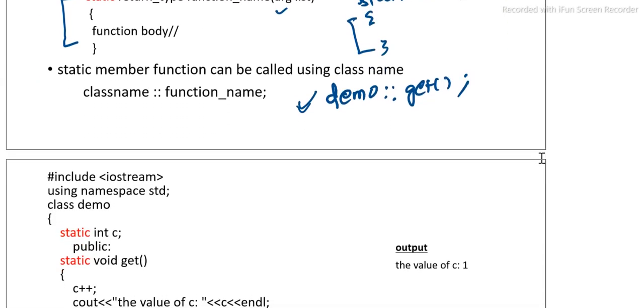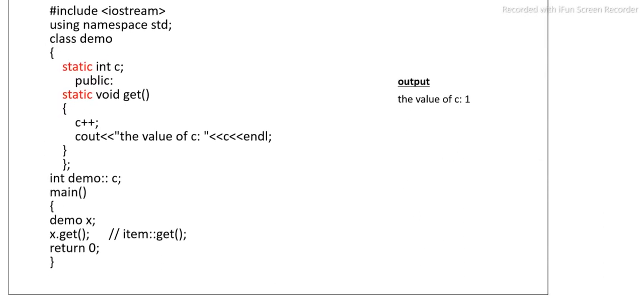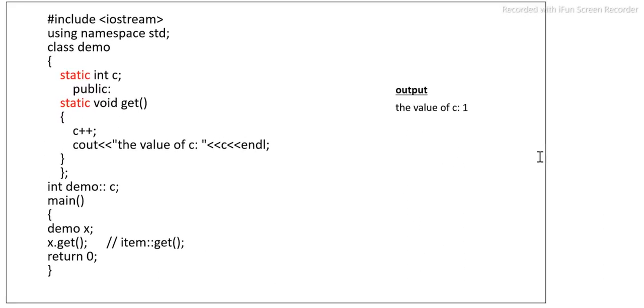So let's analyze one example for static member function. Here in this program we have taken a Demo class. Inside the Demo class, static int c has been declared here. In public mode we have defined a static member function get.